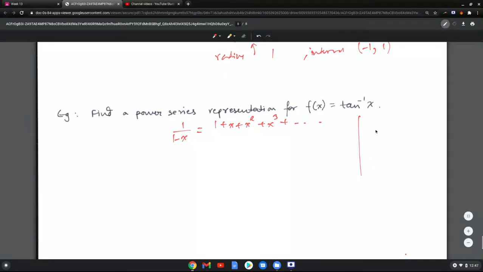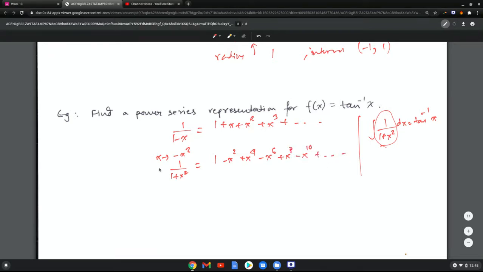We have to really dig deep here and remember that this integral is tan inverse x. So we first need to find 1 over 1 plus x squared. So I replace x by negative x squared, and I get 1 over 1 plus x squared, which becomes 1 minus x squared plus x to the 4 minus x to the 6 plus x to the 8 minus x to the 10, and so on.